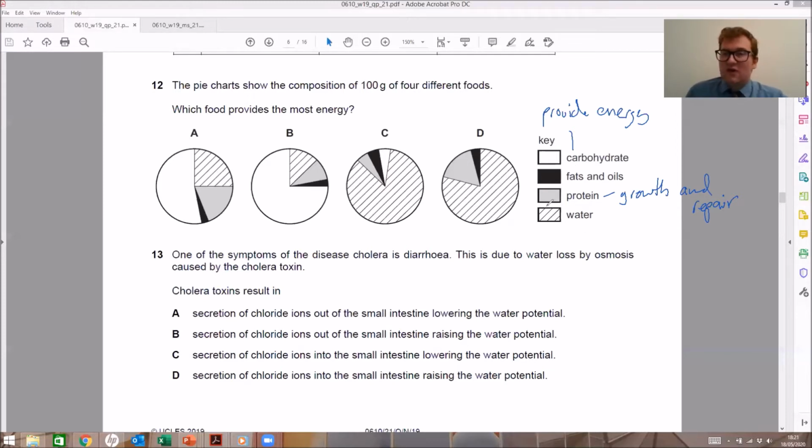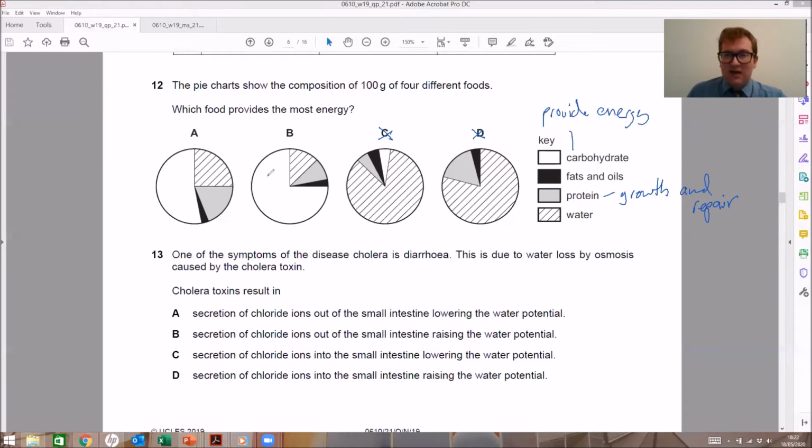So when you look at this question, you're clearly looking for a diet that contains a lot of carbohydrates as the main one. So if you see here that water has the least amount of energy, we can remove C and D as our options here because water is not going to give us much energy at all.